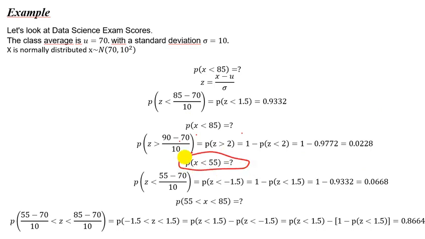P of x is less than 55. We apply the same thing. x becomes z. 55 becomes 55 minus 70 divided by 10. We get P of z is less than minus 1.5. Again, we said we don't have a negative value in the table. We need to convert it. So how to do this? Because of symmetry, we do this: 1 minus P of z is less than, now it's not minus 1.5 but 1.5, and we can get this from the table.